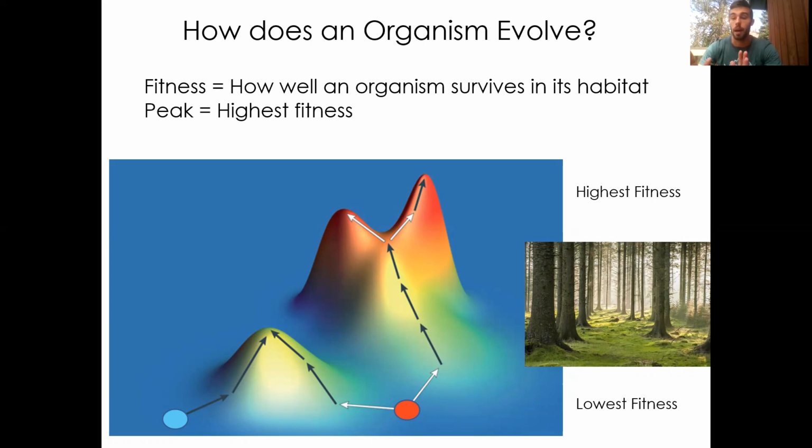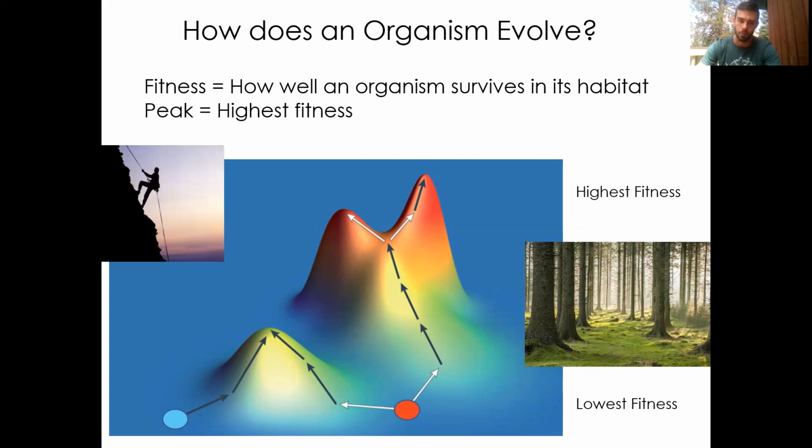They want to climb up these hills so that they can get to the point where they have the highest fitness for their environment. They're surviving the best. You can think of them as a little bit like a mountain climber, where they're continuing to climb up these hills, but they can never climb down because that would be de-evolving, right? And that's not possible.